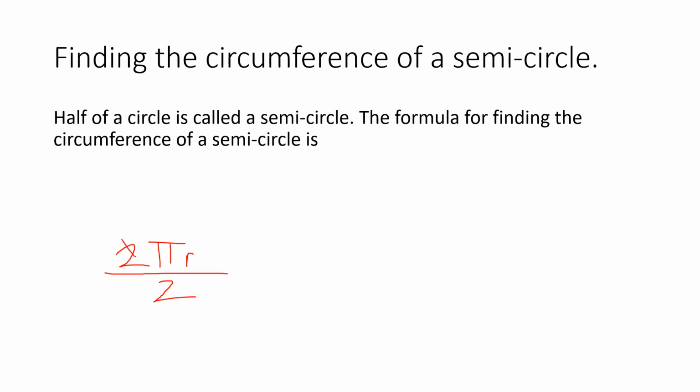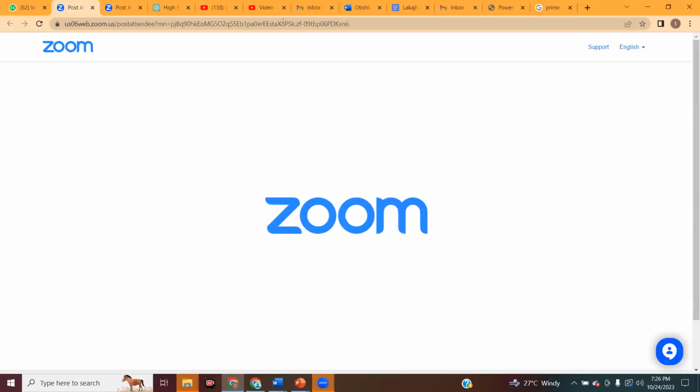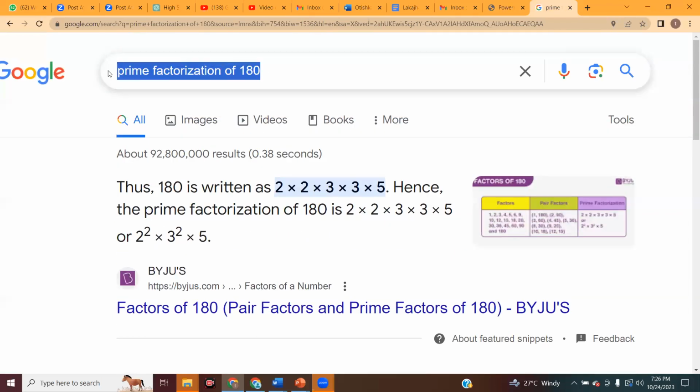Cancel, so you're left with pi r. So that's the circumference of a semicircle. Now, there might be a next part of it.